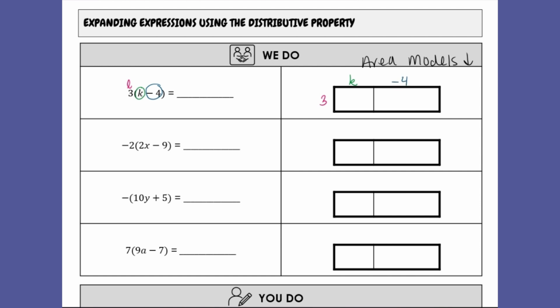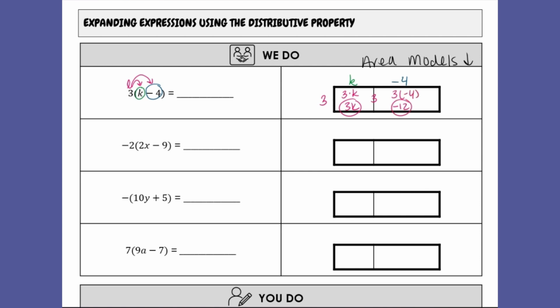So now when I expand an expression, remember, I'm given the area of the big rectangle, 3 times the quantity K minus 4. And now I'm rewriting it as the area of the 2 smaller rectangles. So I'm essentially taking my length 3 and multiplying it by K and by -4. So 3 times K is 3K, and 3 times -4 is -12.